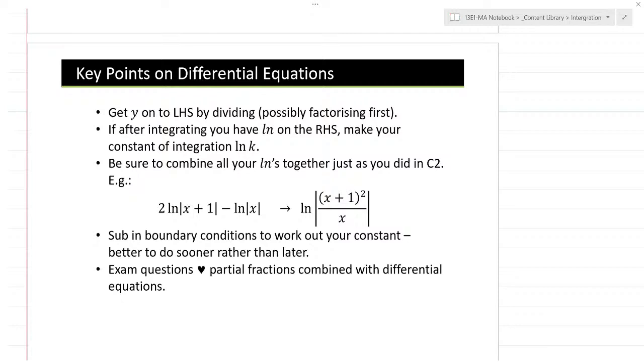Then, if you know what your boundaries are, then sub them in, or you know a particular point, then sub it in to find out what that constant is. And then exam questions love partial fractions with this one. Yeah, partial fractions usually comes up all the time in this.